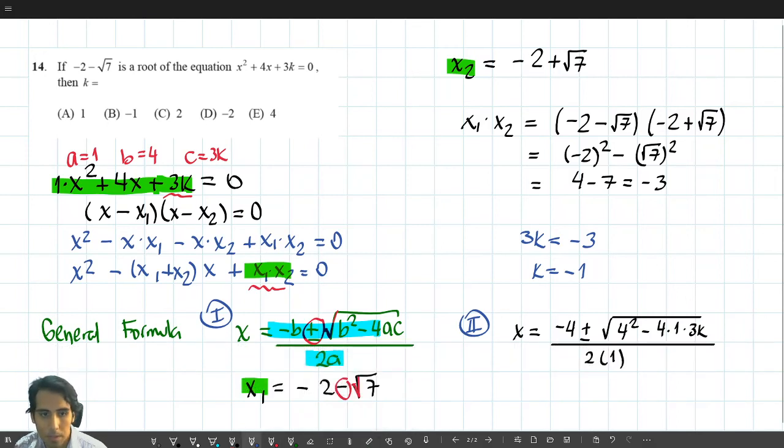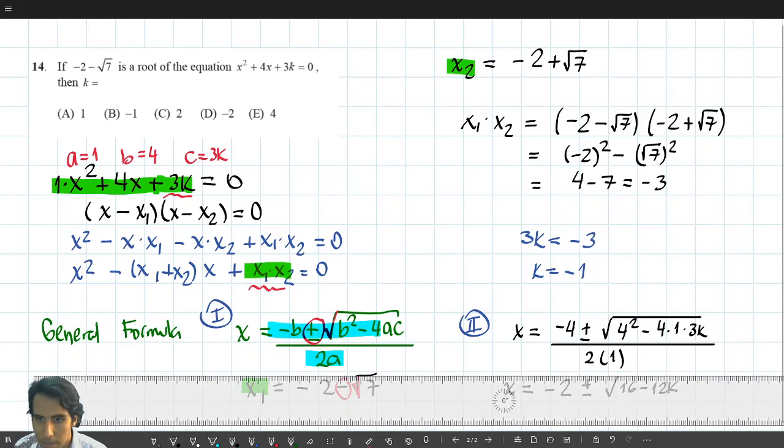So if we compare the roots, we have here minus 2, if we divide the minus 4 by 2, plus minus the square root of 16 minus 12 times k, the square root of all this expression, divided by 2.